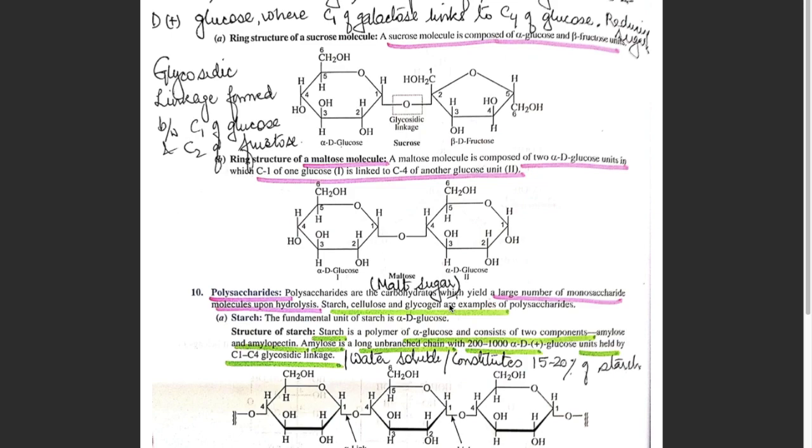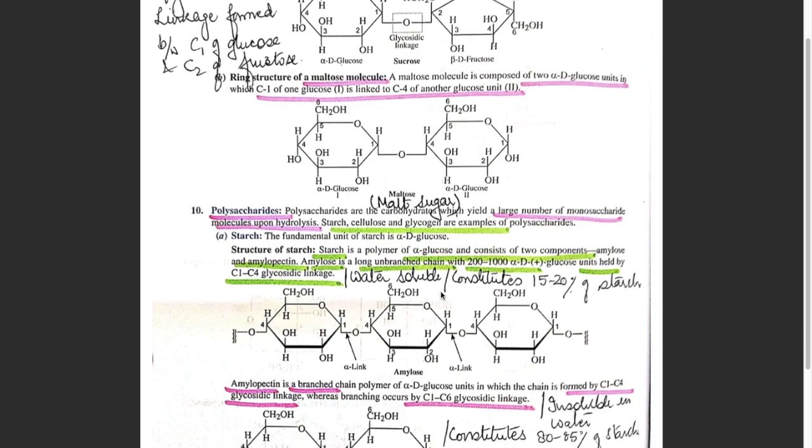Now let us see the polysaccharides. The polysaccharides are the carbohydrates which yield a large number of monosaccharides on hydrolysis. We will be learning about the polysaccharides starch, cellulose and glycogen. These are the three types of polysaccharides we will be learning.